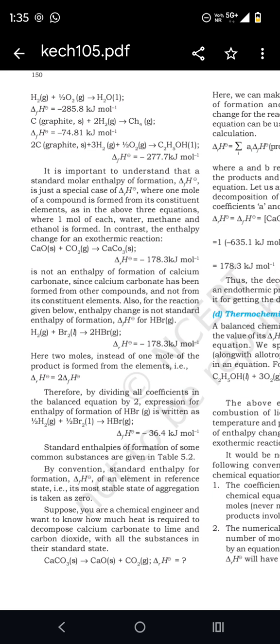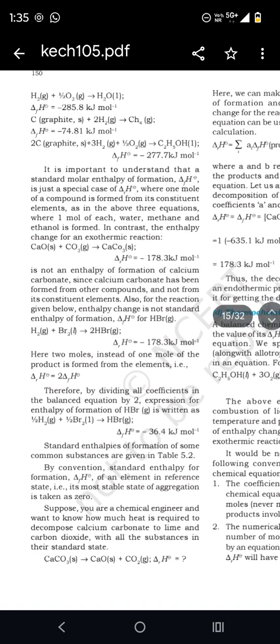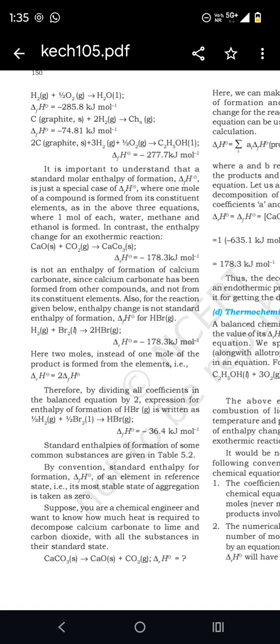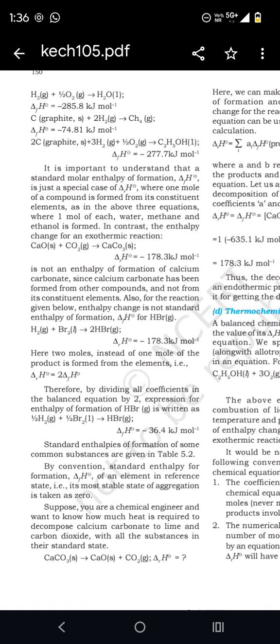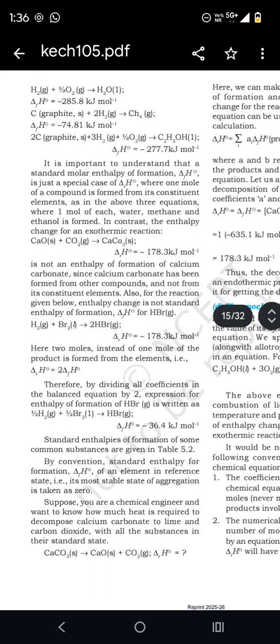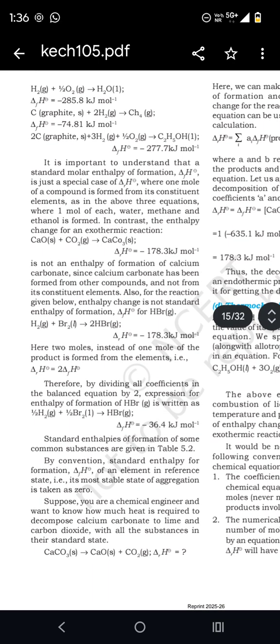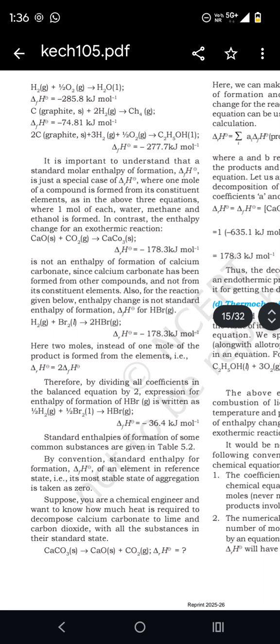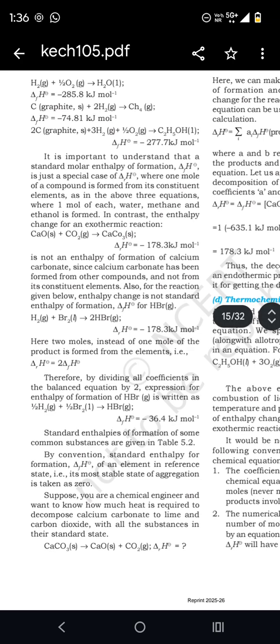Also, for the reaction given below, the enthalpy change is not a standard enthalpy of formation. Here two moles instead of one mole of the product are formed from the elements.